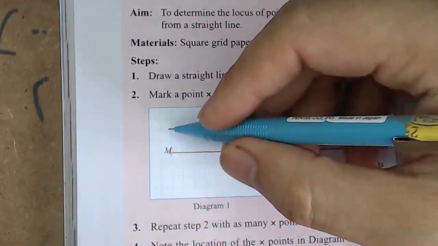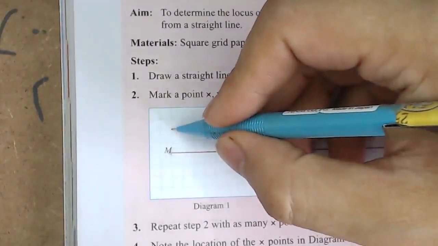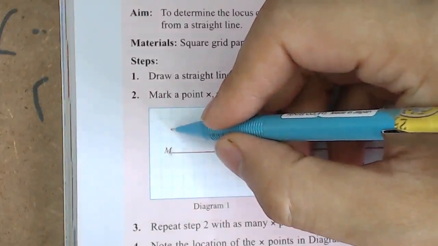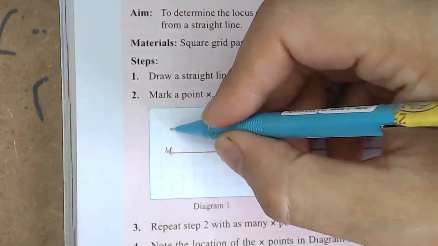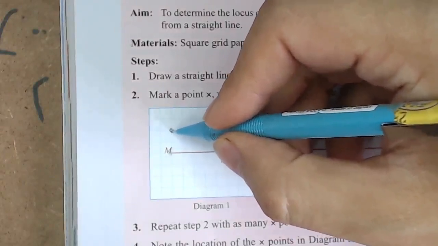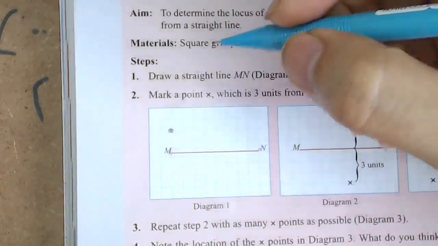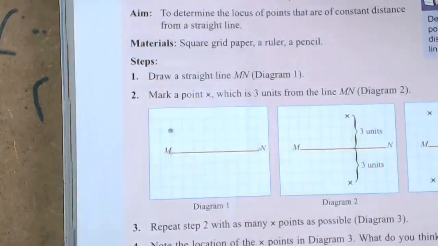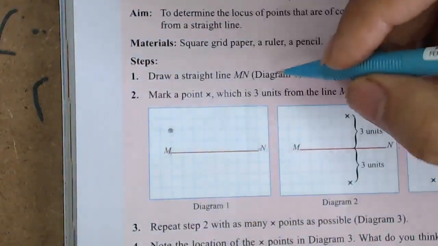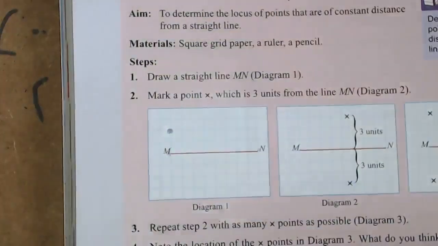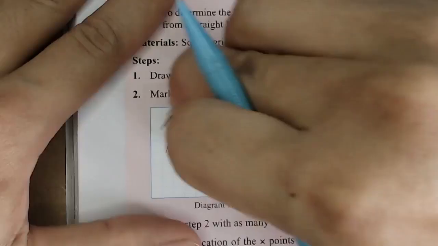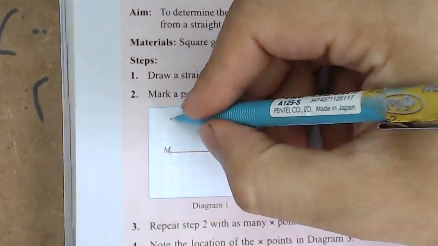So you know what? Let's say you are a point. Okay, you are a point, and this is you. Can you see this point? Yes. 3 units. Okay, this is you.